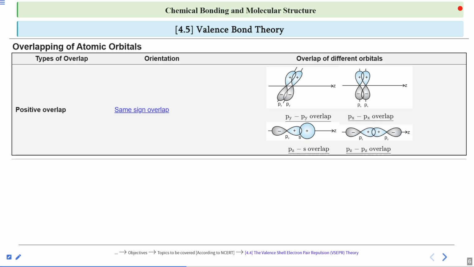Here also your s orbital will have a positive sign of wave function, so your pz orbital will also combine with its positive lobe. Now this positive lobe can also go on merging with the pz orbital itself. Okay, so these 4 types of positive overlap are possible.